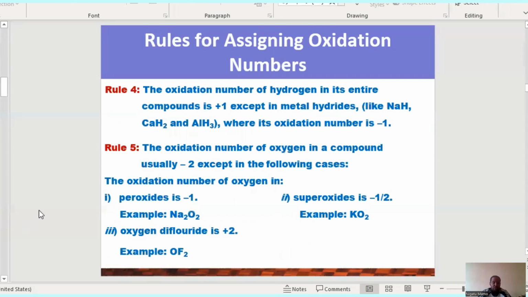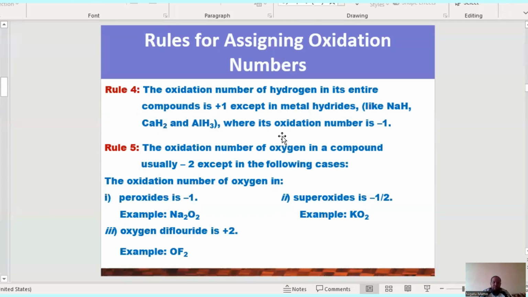Rule number 4: the oxidation number of hydrogen in its compounds is positive 1, except in metal hydrides like sodium hydride and calcium hydride, where its oxidation number is negative 1. When hydrogen is combined with metals, its oxidation number becomes negative 1, because hydrogen is more electronegative than metals.